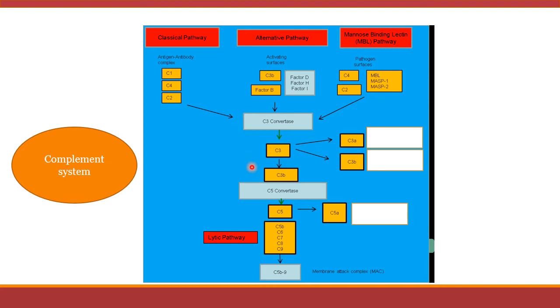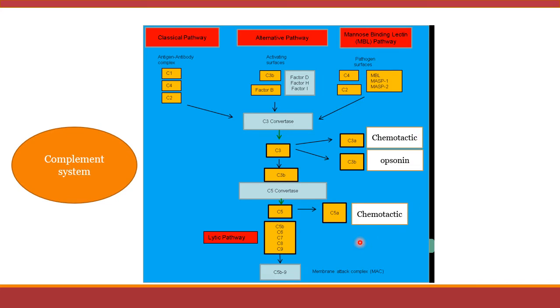This will lead finally to the release of some important cytokines or perform certain functions that will help in three main functions. The first main function is helping phagocytosis by opsonization. And the second main function is chemotaxis, or attraction of the neutrophils and macrophages in the process of inflammation.